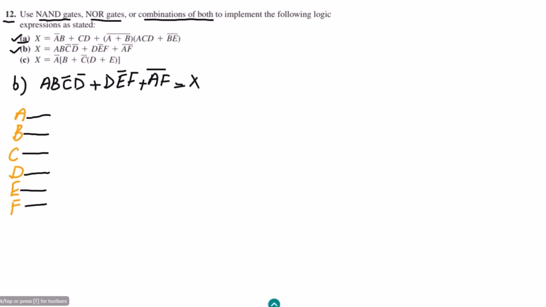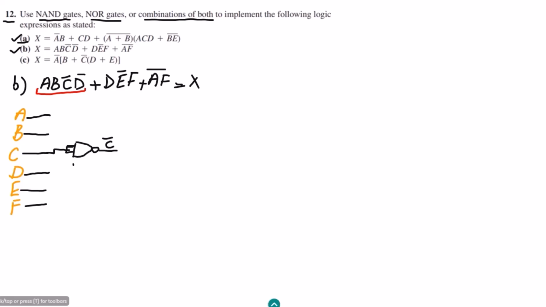First of all, let me implement this one. What I have to do is multiply these four terms, and before multiplying them, I have to take the complement of C and D. Therefore let me first use this NAND gate, and giving the input to it, what I will get here is C complement.